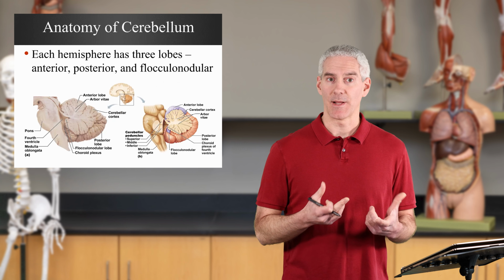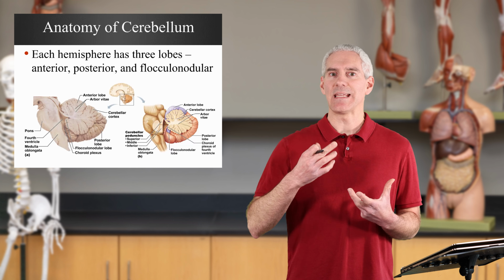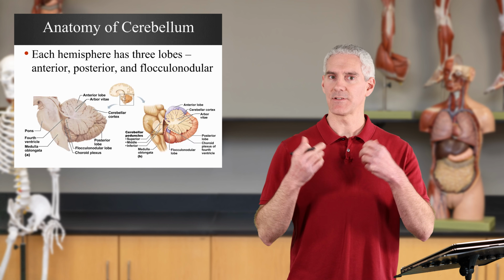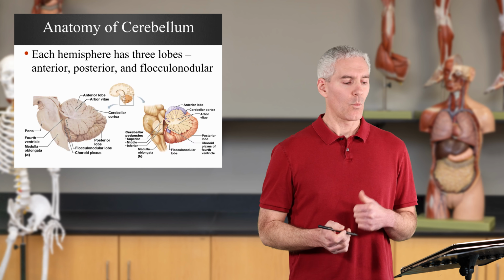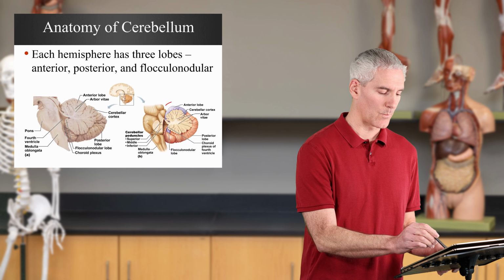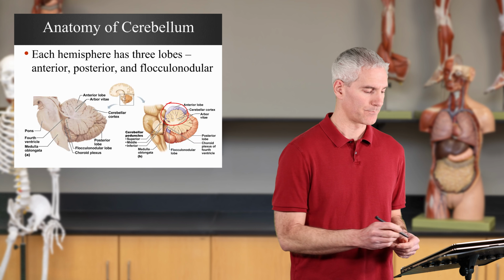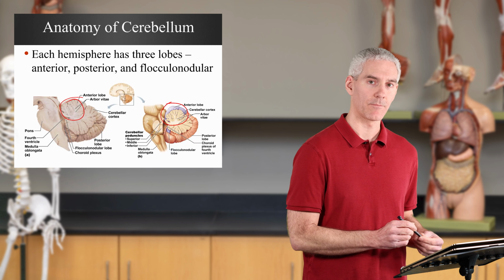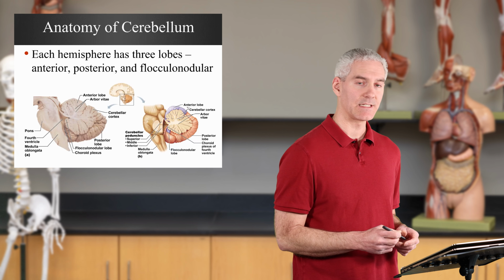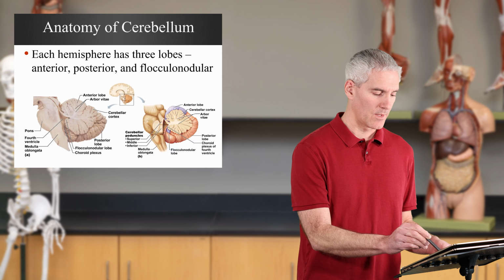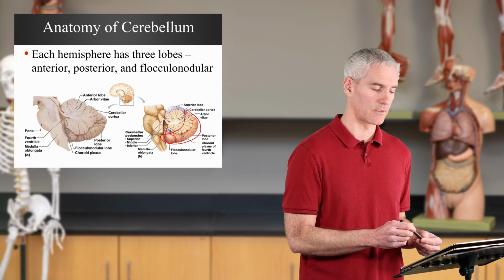Now each hemisphere, I mentioned there's two halves. So each hemisphere, the right and left hemispheres, will have three parts or three lobes. We have the anterior lobe, which this is the anterior lobe. You can see it over there and over here. Now, the other lobe just below that is the posterior lobe. You can see from the coloration, this is all posterior lobe.